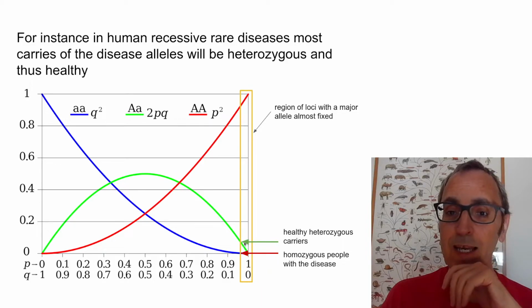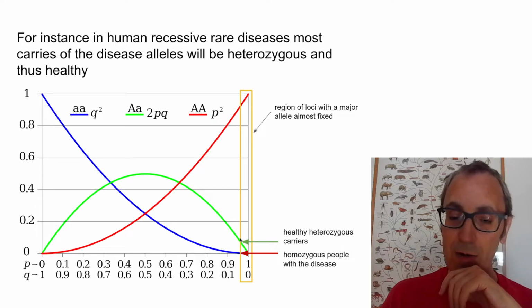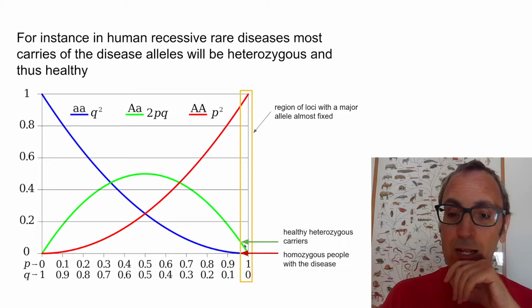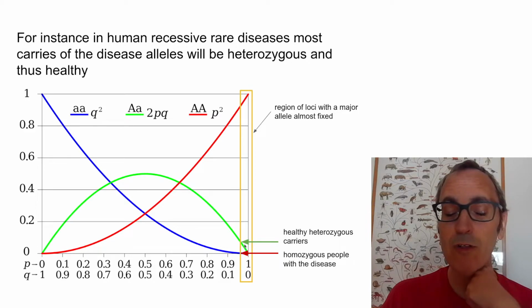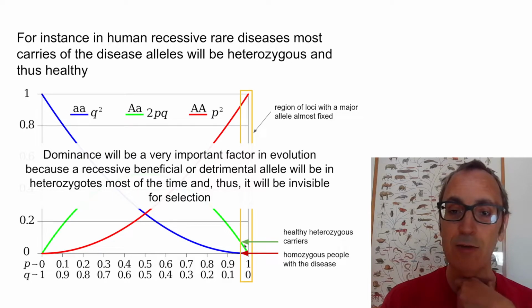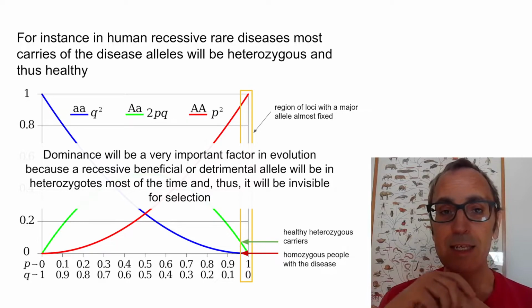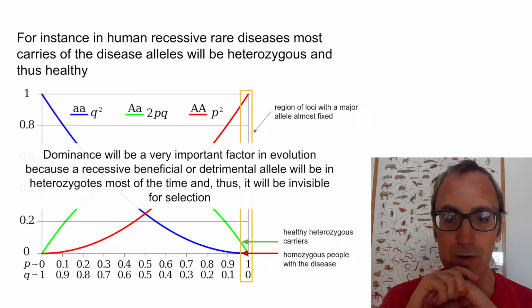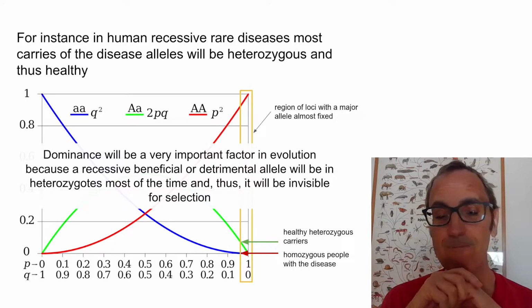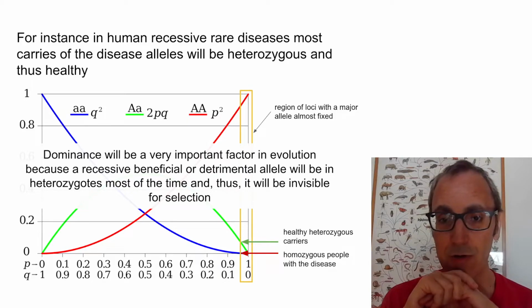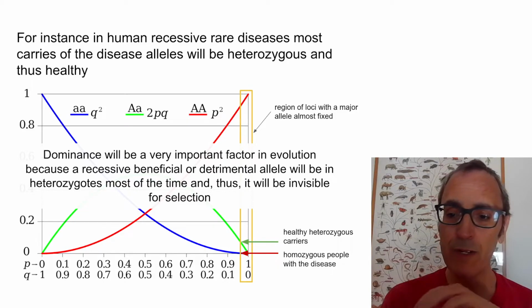According to Hardy-Weinberg, the allele will be mostly in heterozygous individuals, so it will be almost invisible for selection. Okay, this is another consequence of Hardy-Weinberg. As you see, this is a very easy to get theoretical result, but it has deep implications for real populations.